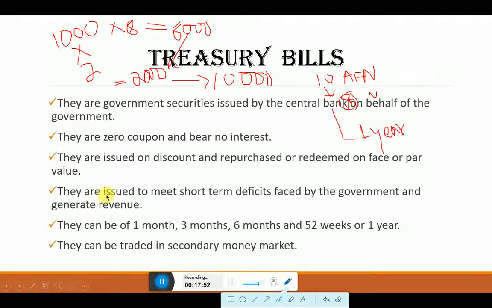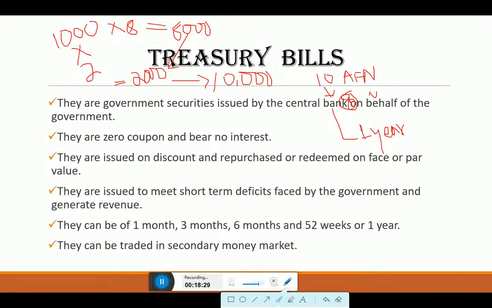They are issued to meet short-term deficits faced by the government and to generate revenue. Facing short-term deficits means that in the upcoming month the government is short of money to pay, for example, the salaries of medical staff, so they issue T-bills and collect money from people, and after 1 year they will repurchase the T-bills and the money will be paid back to the people who invested.